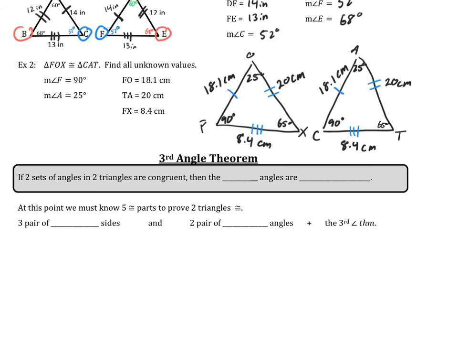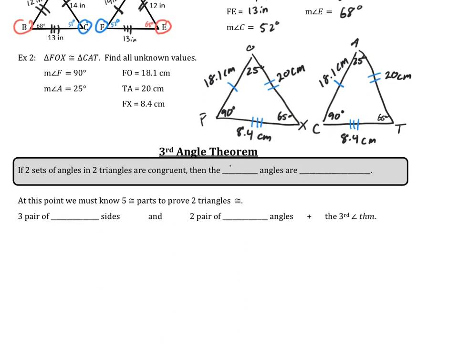Okay, so last thing we're going to look at is simply called the third angle theorem. So honestly, even without CPCTC, this is something that we would assume. The third angle theorem says that if two sets of angles in two triangles are congruent, then the third angles are congruent.